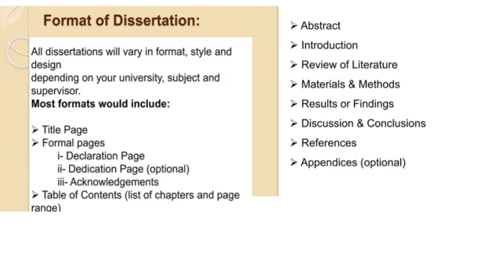Format of dissertation. You write it out like this, and each of these things, you just give a little explanation of it. Abstract, you explain what it is. Introduction, you write what it is. Literature review, you write what it is all about. Materials and methods, you write what it's all about. Results of findings, discussion and conclusion, references. Just write it this way briefly.